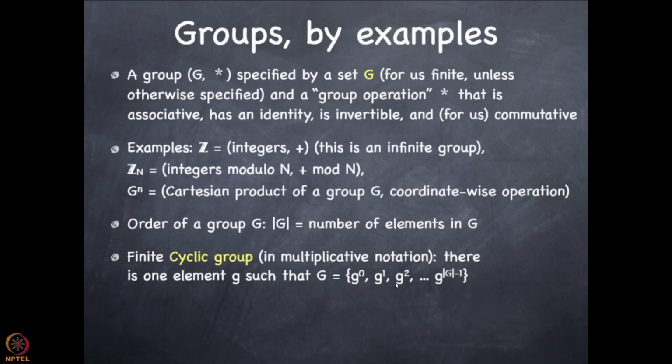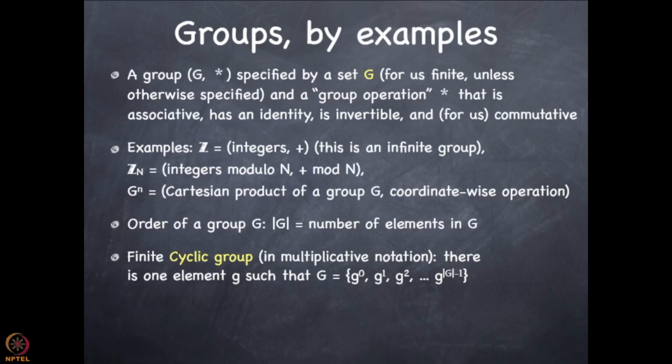And what we would want is that if you took this g and multiplied it to itself, by the way, there's a fact that if you multiply it to itself the order number of times, you'll get back the identity element. But if you multiply it up to g to the size of G minus 1, you would have generated all the elements of G, starting with the identity element, g to the power 0.